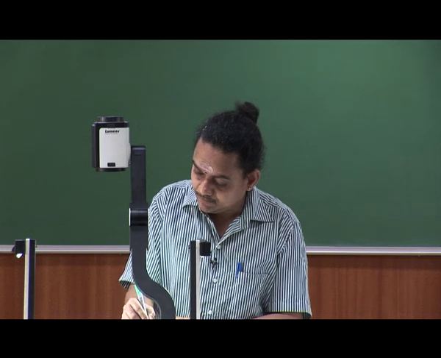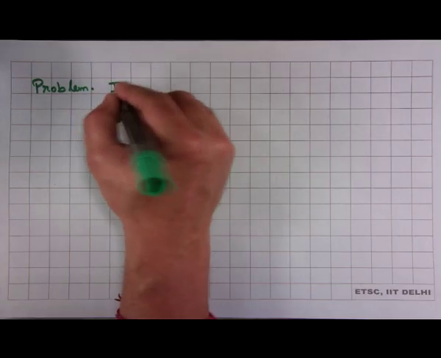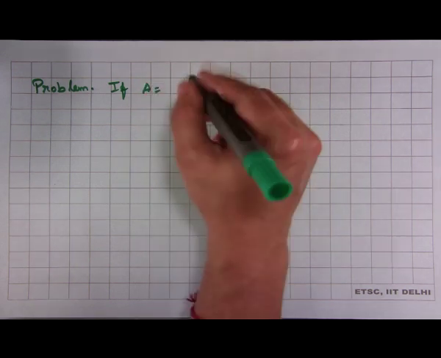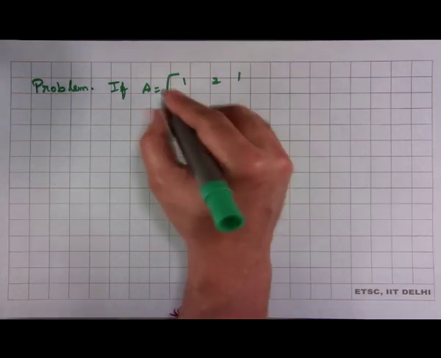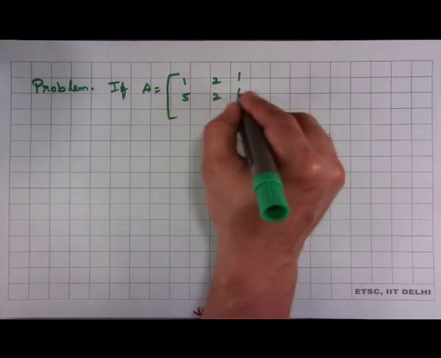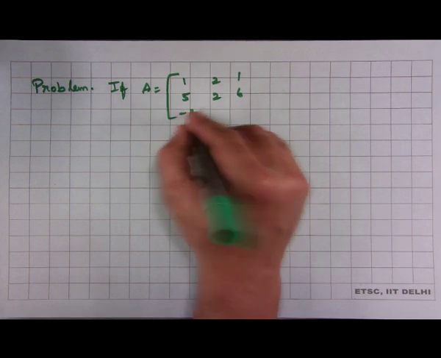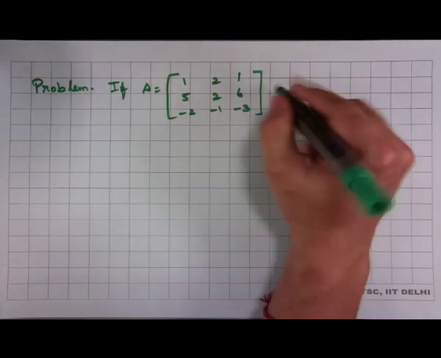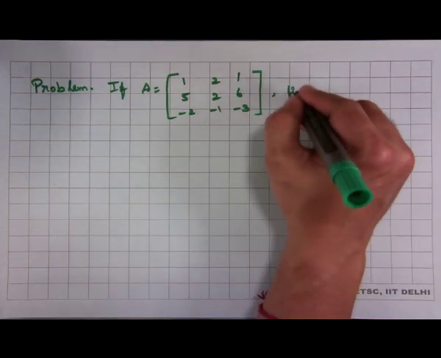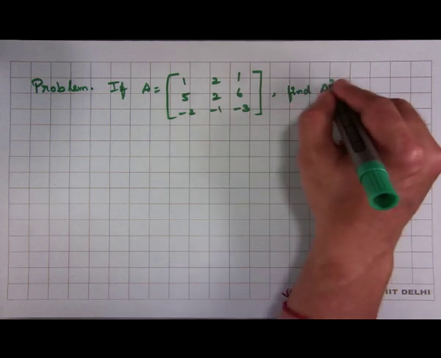Next problem, if A equal to [1 2 1; 5 2 6; minus 2 minus 1 minus 3], find A cube.